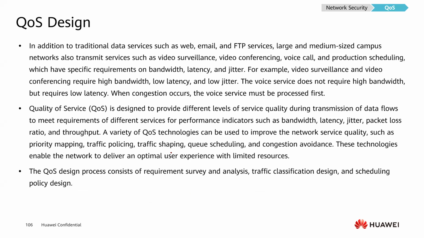And the next part is about QoS. For QoS, you need to think about the traffic types in your real network. There is not only web, email, and FTP. There is also video, voice calls, production scheduling, and others.